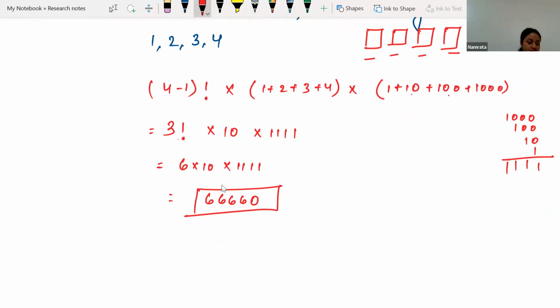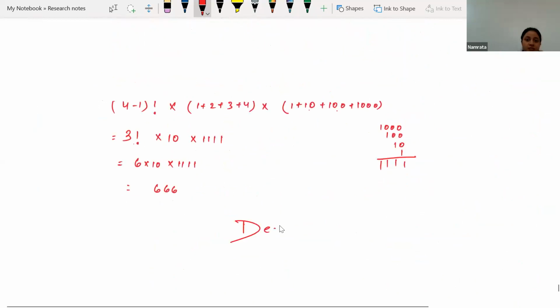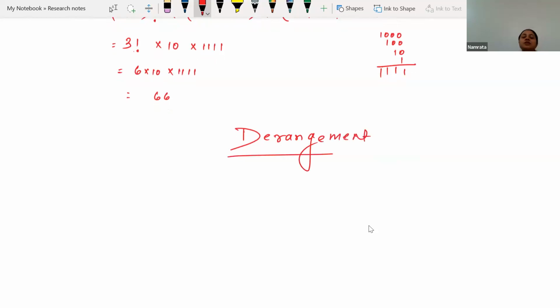Now there is a question related to derangement. Arrangement questions we have done with the help of the concept of permutations or space filling. Derangement is what? We will be derranging the given condition.